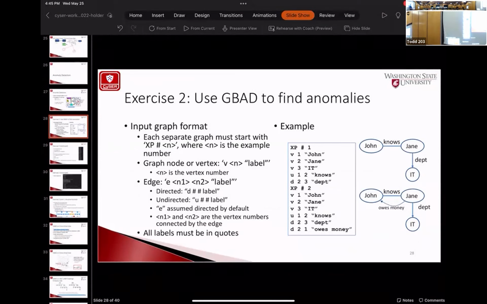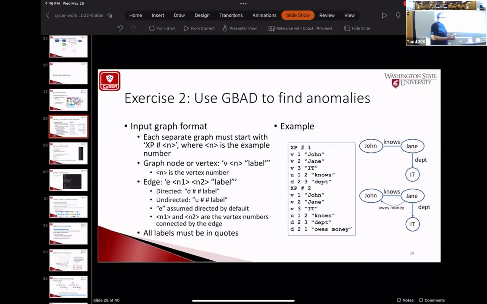We obviously have information about who knows who, who owes money to who, what department people work in, but maybe you want to represent it a different way. So maybe instead of just owes money, you want to know how much money. So you might have another vertex here, which is the owes money vertex, and we could say person one owes money to person two, and there'd be another link coming off with the amount of money. Maybe the department, IT, we want it to be an attribute of this node and not a separate relationship.